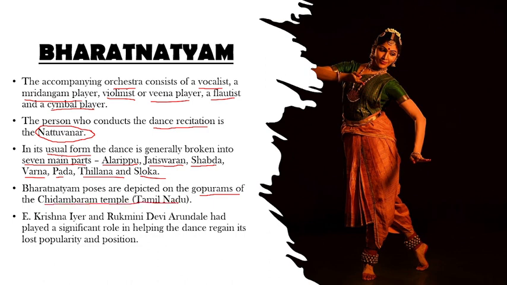So these southern temples have many different poses of Bharatanatyam, and please understand, in our previous classes I have taught you about the Dravidian form of architecture. Two important people who helped Bharatanatyam regain its popularity and position are E. Krishna Iyer and Rukmini Devi Arundale.